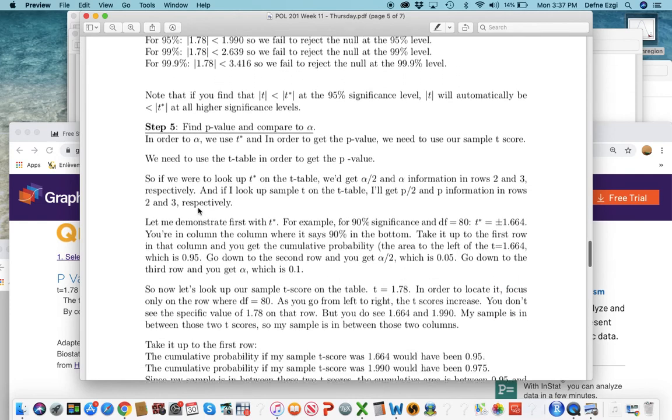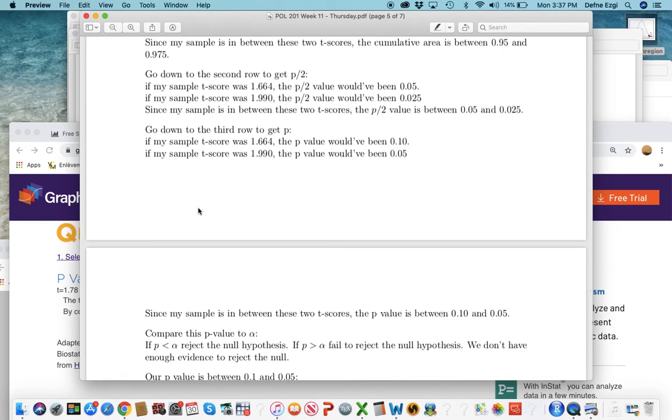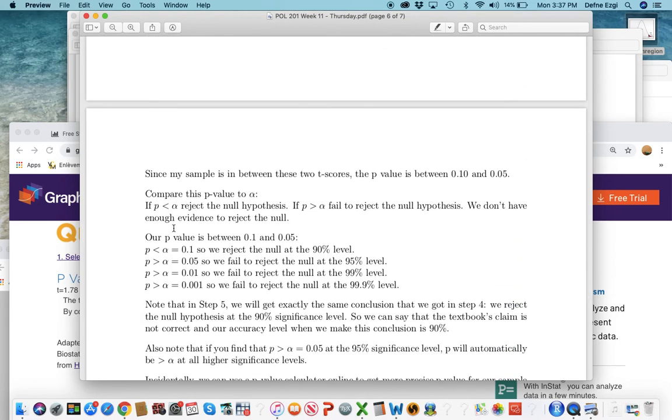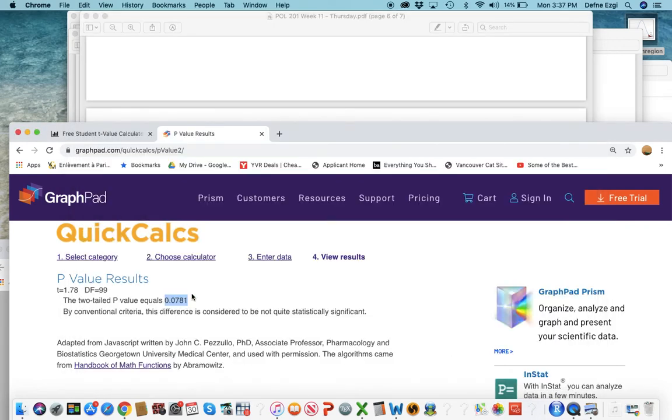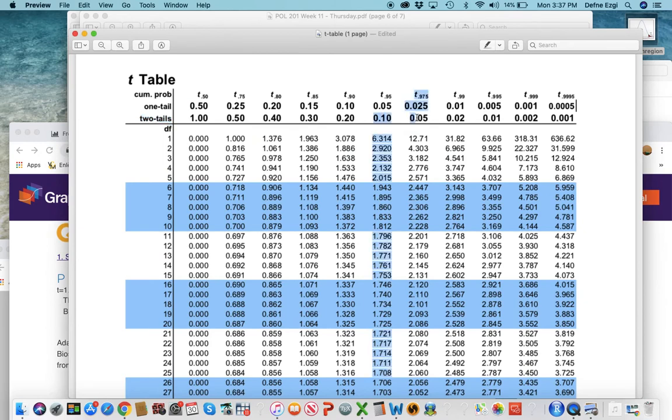So this is step 5. Based on my p-value, this 0.0781, or even if you use a t-table, it's between 0.1 and 0.05. It's neither one of these actual numbers.